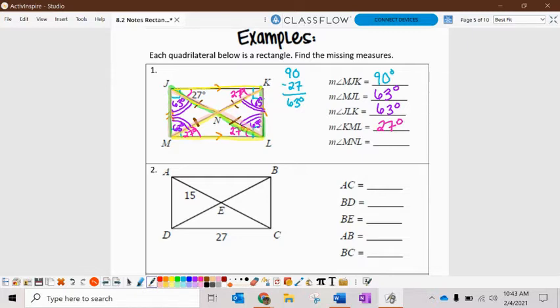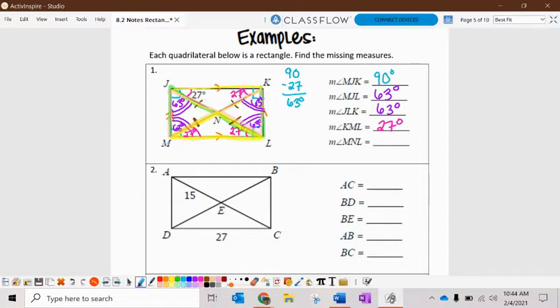Now, we haven't found the measure of angle MNL. If we want to focus again, that's looking at this bottom small triangle, okay? And we want angle MNL, so we want that top angle. Well, we know all triangles sum to 180, so we can just use the triangle sum theorem to help us figure this one out.